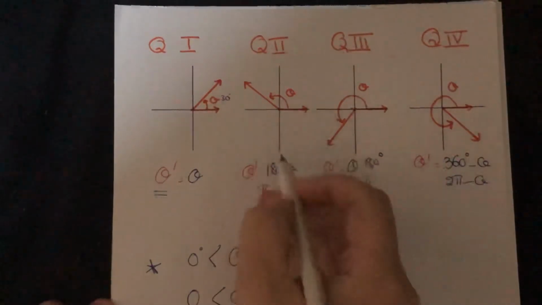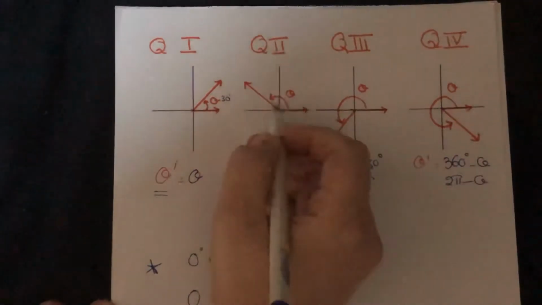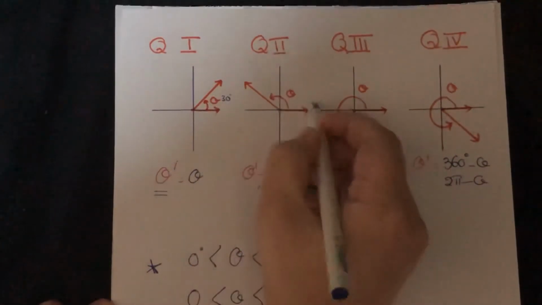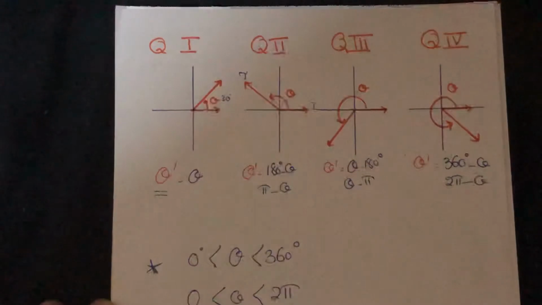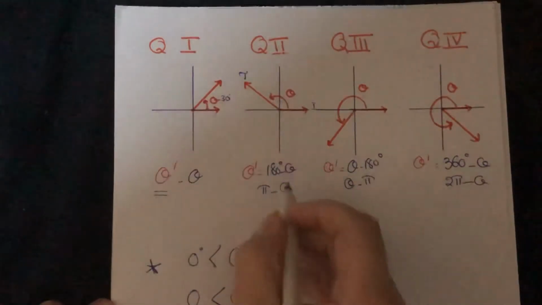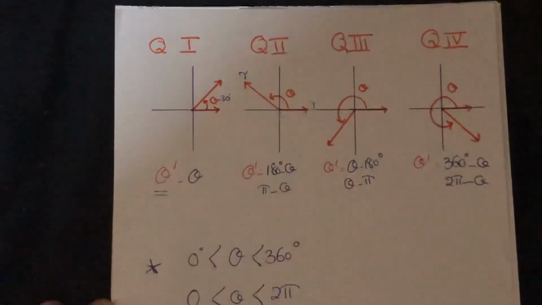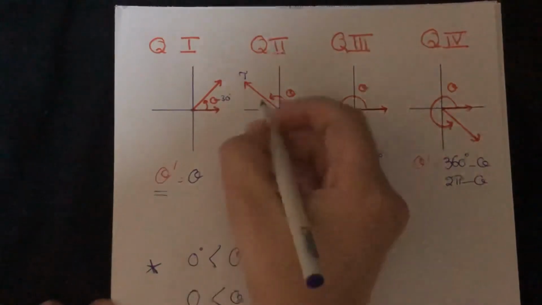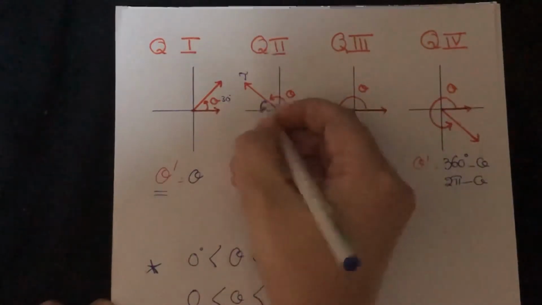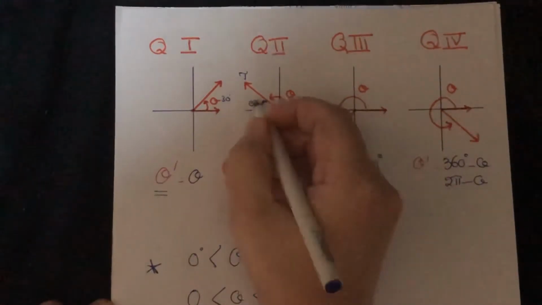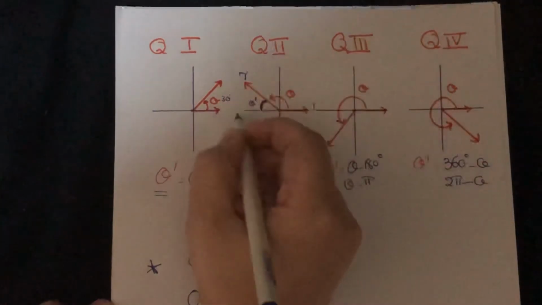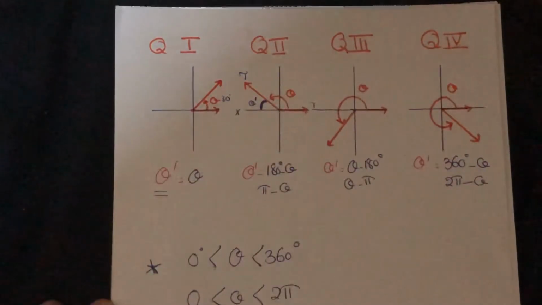If we are in quadrant 2, this is the initial side, this is the terminal side. If our terminal side lies in quadrant 2, then this is going to be the reference angle, which is the angle that lies between the terminal side and the x-axis.